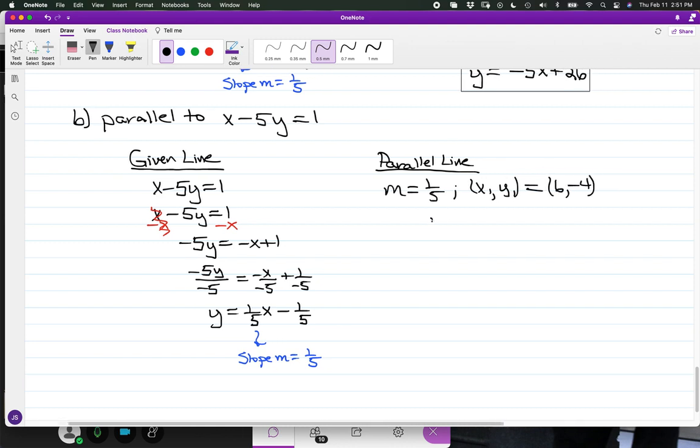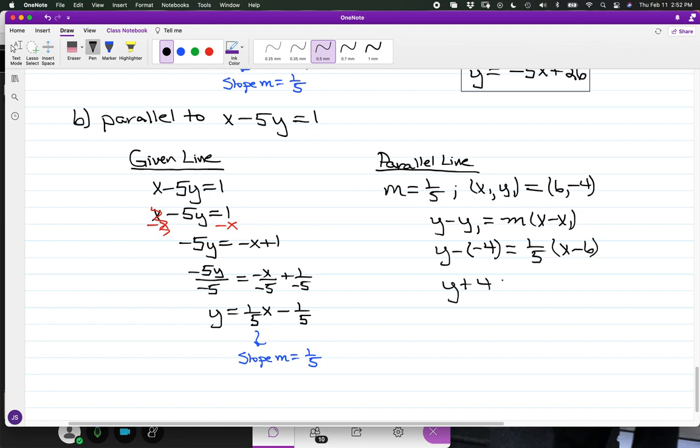And we have the point slope equation set up. So we have y minus y1, so y minus -4, equal to the slope m, which is 1/5, times the quantity of x minus 6.